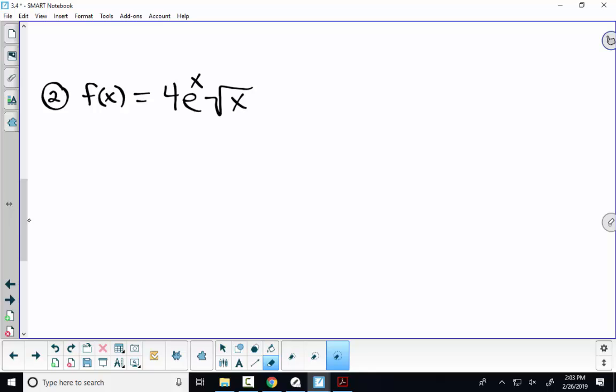If this is 4 times e to the x, 4 times this function of x, this isn't considered a function of x. So after you take the derivative of this, you could just take the 4 out and multiply it after you take the derivative. So really all we have to do is take derivatives of these two things and then multiply them all by 4 and we're done.